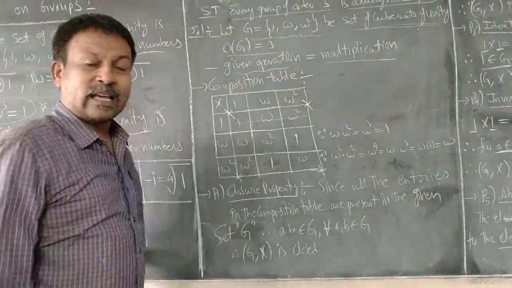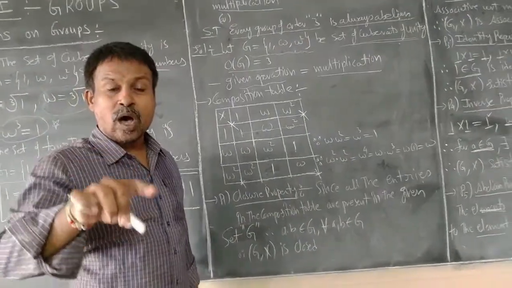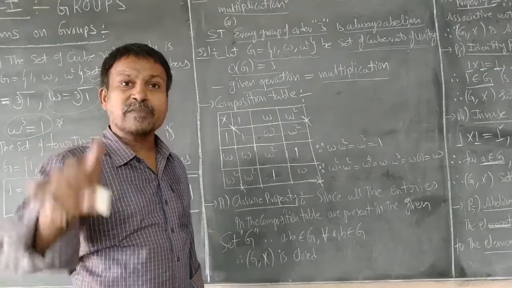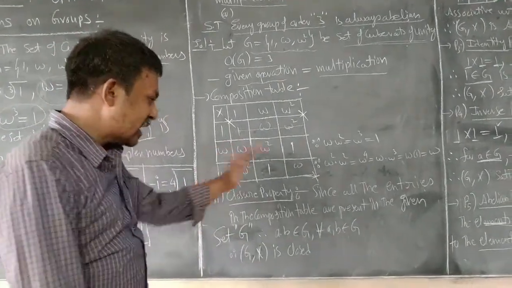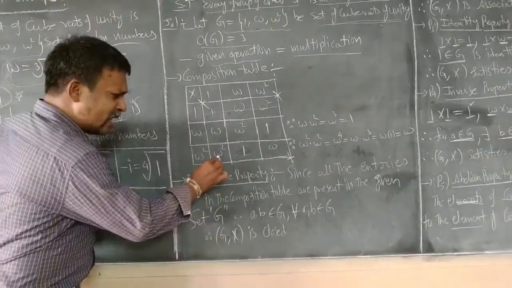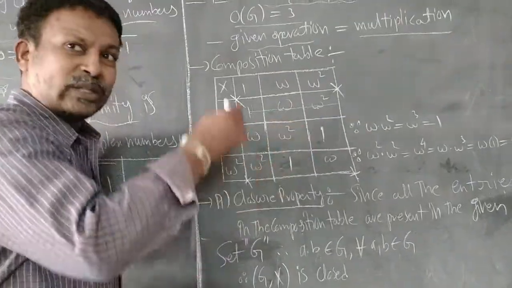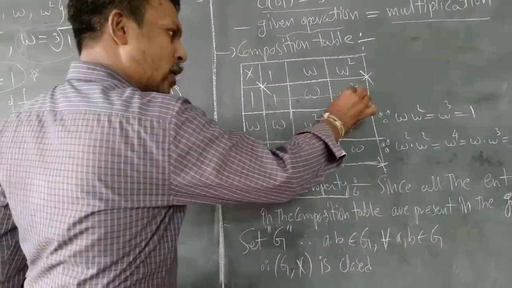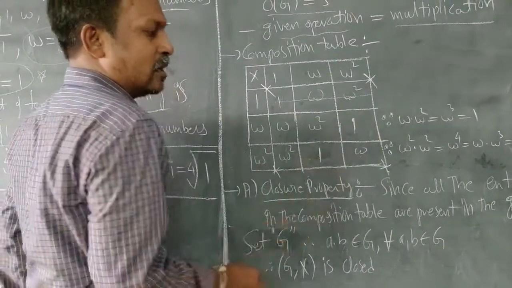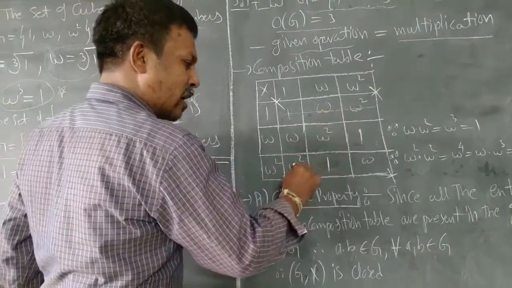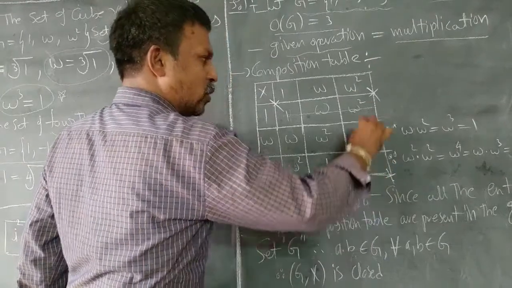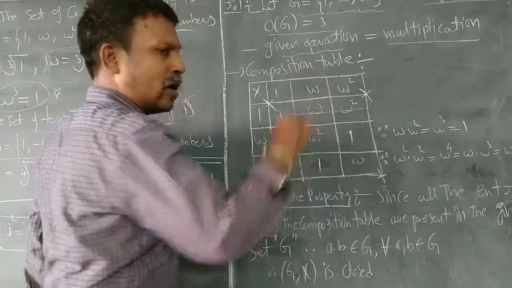That is, the corresponding elements of the second row are equal to those of the second column. If I go to the third row, the elements are omega square, 1, omega. The third column elements are omega square, 1, omega. Therefore, the corresponding elements of the third row are equal to those of the third column.